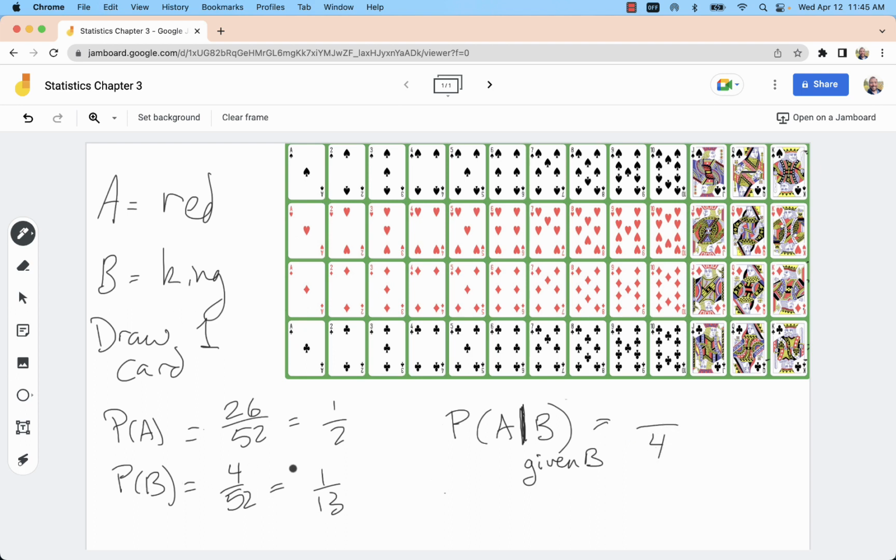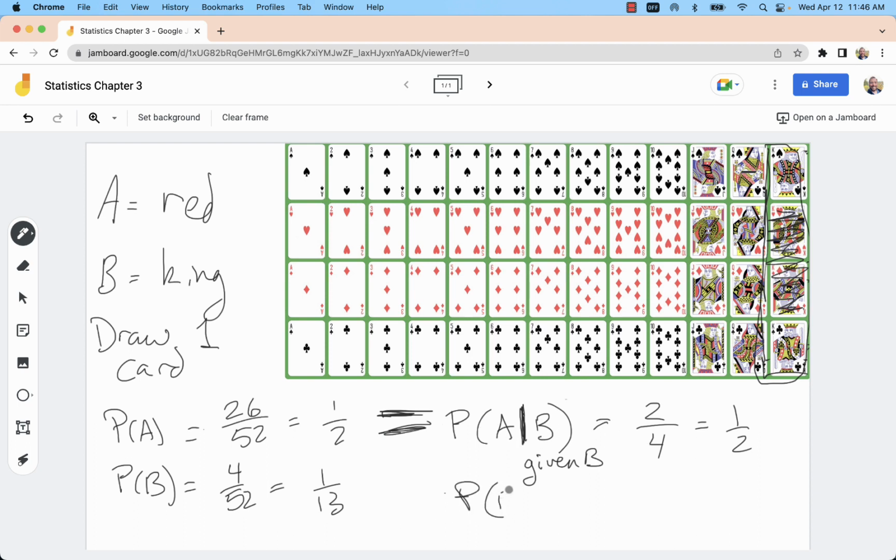We had B was 4, but now we're saying out of group B, and within that, what's the probability that it is red? Well, we look at just the kings here now, box that in, and we say here's 2 reds out of the 4. And so we're boxing that down and shading within the box. 2 out of 4 is a half. That's the same. These two things are equal: P of A and P of A given B.